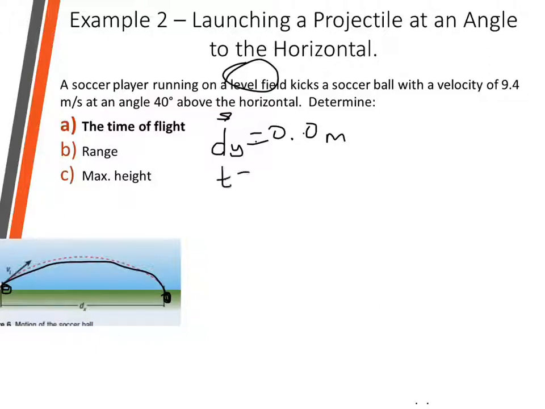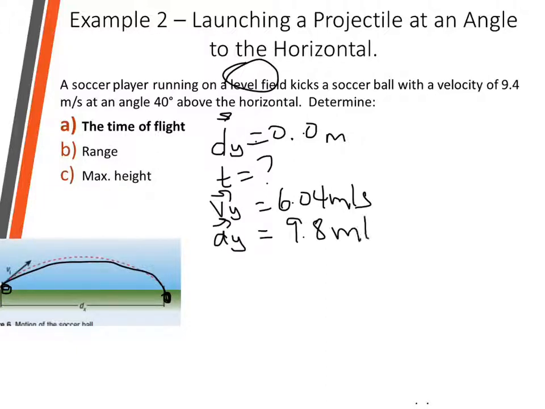So we're trying to find our t. We know our Vy, we just calculated that. And we know our acceleration because it's a projectile, it's dealing with the force due to gravity. So we're going to use that exact same equation that we used in the first example.